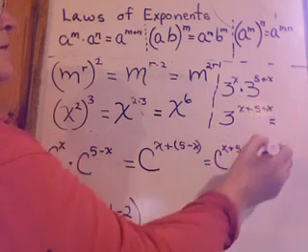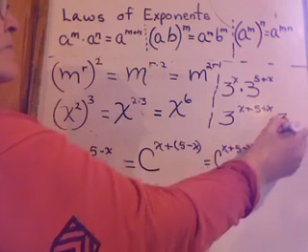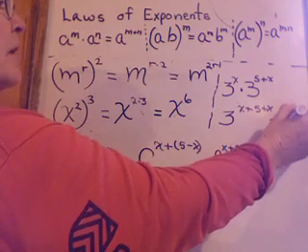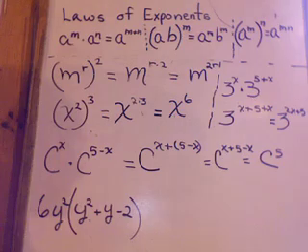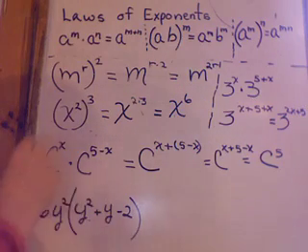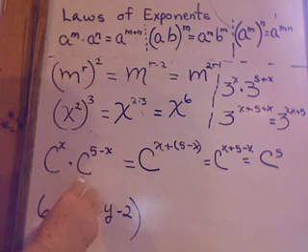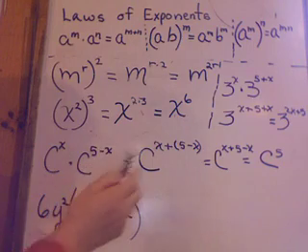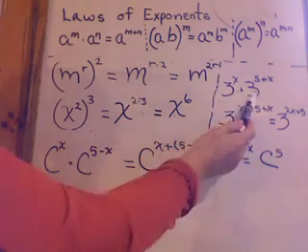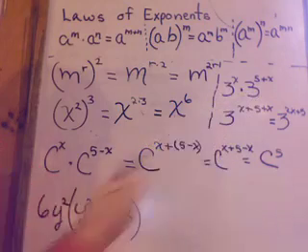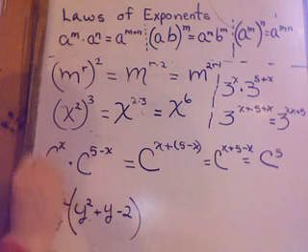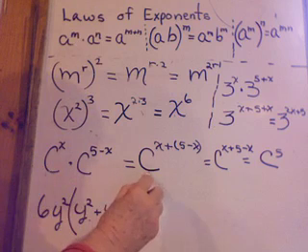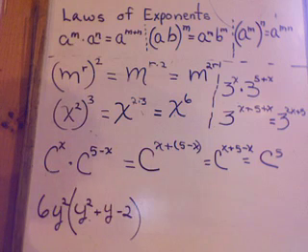What do I get? The base is 3, and I get 2x plus 5. You follow that? So be careful. Bases are the same. Add the exponents. Sometimes people try to multiply those two 3's. I didn't do anything like that with these c's. I noticed the bases are the same, so I added the exponents.